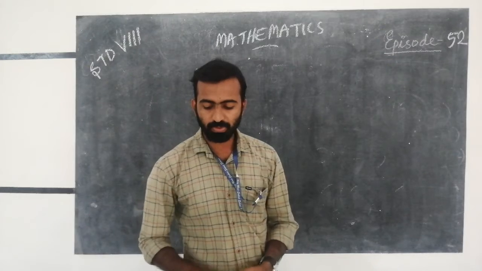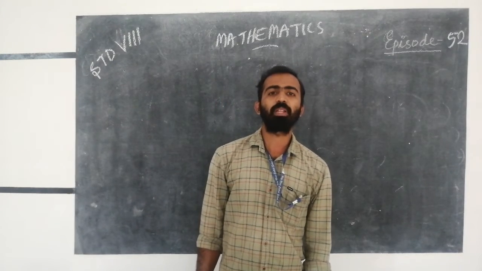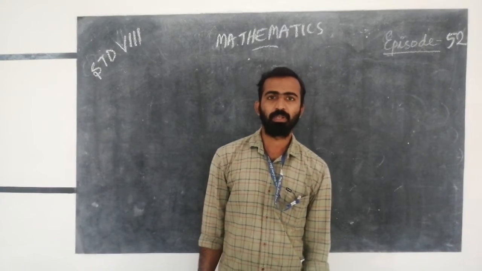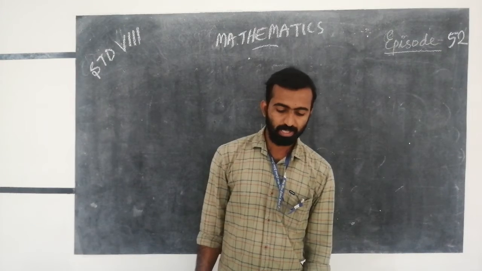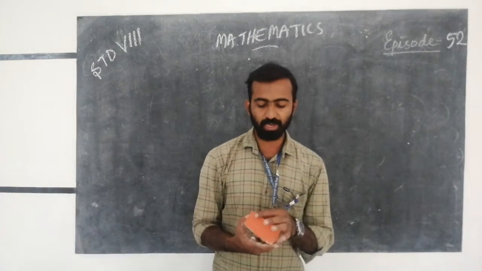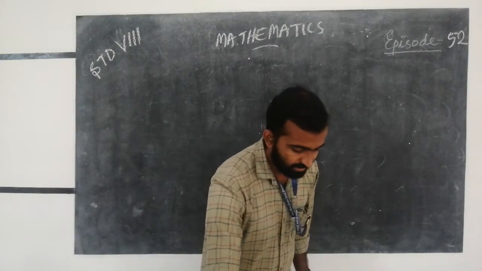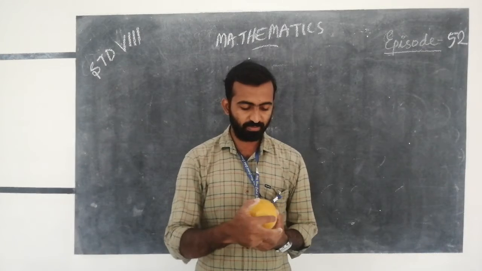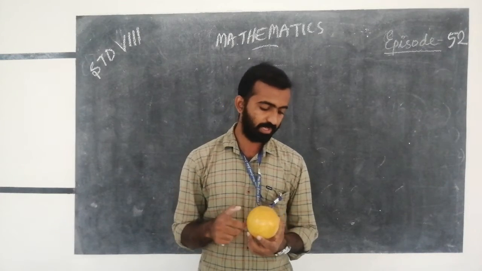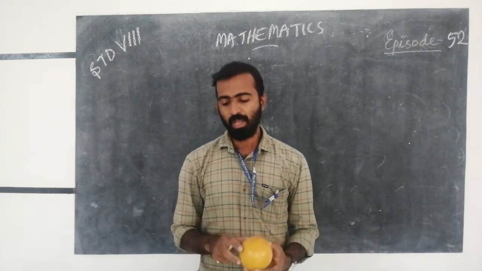That is, it has no more than 3 edges meeting at a vertex. This is also a polyhedron. Next, when we take this sphere, it is a curved surface.